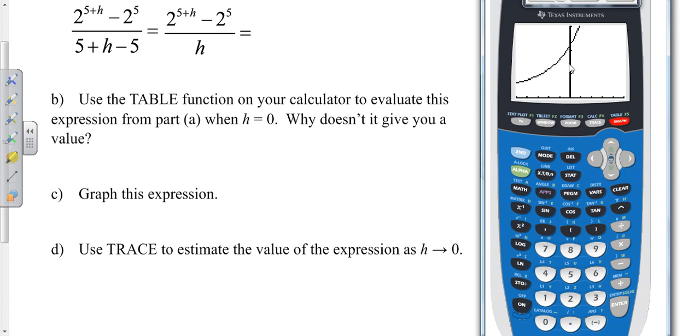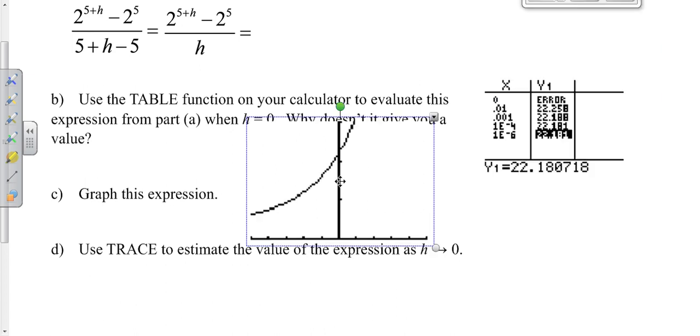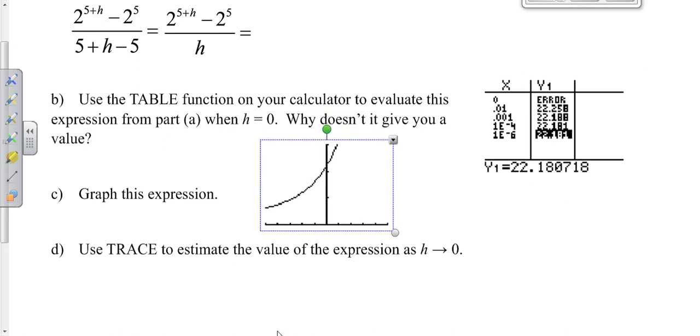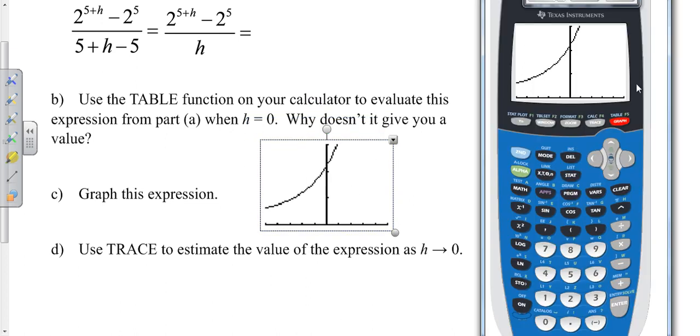Now, as we graph this, we can go ahead and use our trace button down below to answer what D is to help us out. So once again, when we plug in 0, it says it can't do it. We arrow to the right once, and that gives us an estimate.